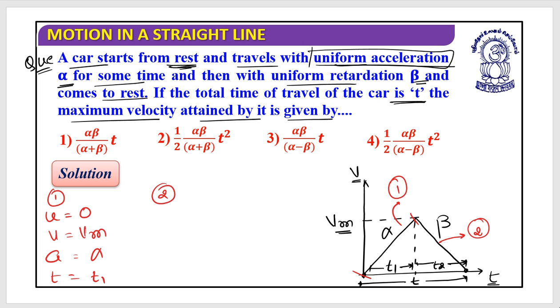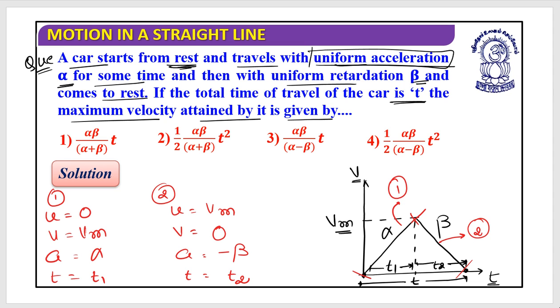In the second motion, my initial velocity would be Vm, because I am observing the situation from this point to this point. My final velocity, as it comes to rest, would be 0. My acceleration, technically it is retardation, so it is minus beta, and the time taken is t2.